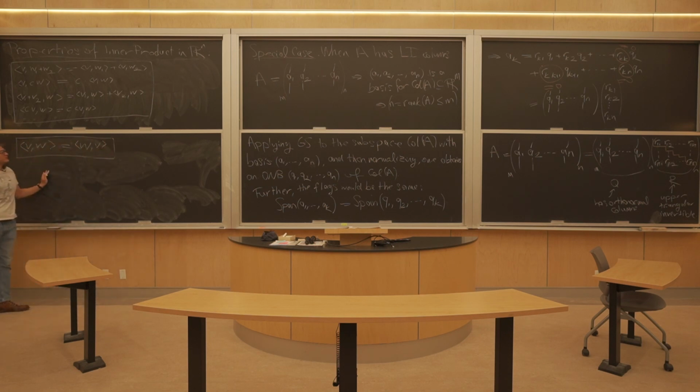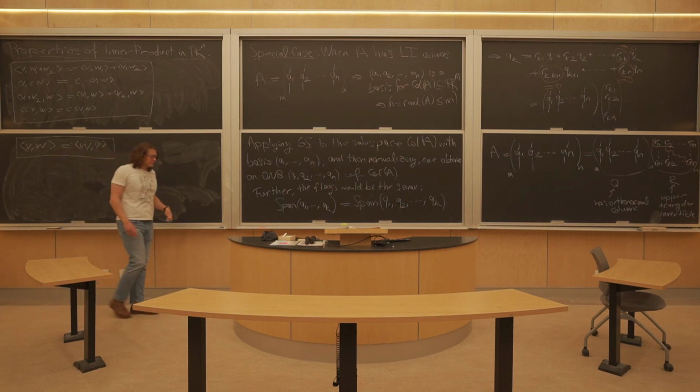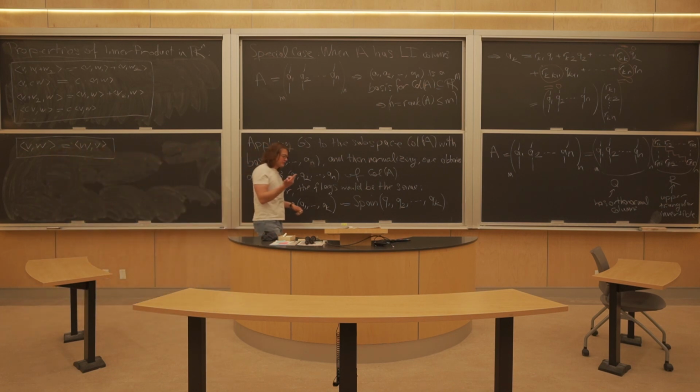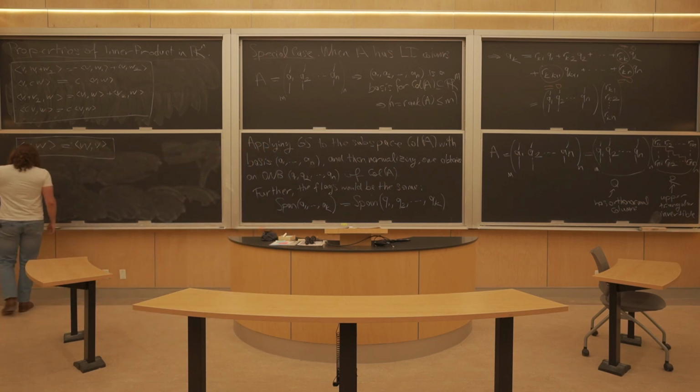And then the third property is that if I were to take a vector and take its inner product with itself, I'm going to get its norm squared. So it's going to be a positive or non-negative number. Right, so this is norm squared. And the only time this is 0 is when v is 0.